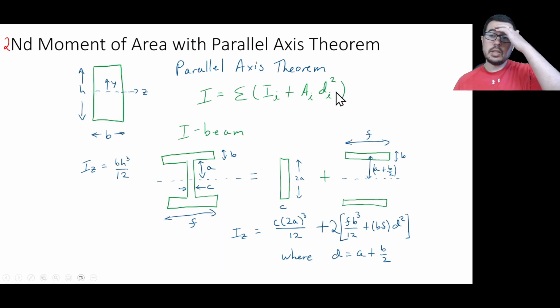The d is the distance to the centroid. So if the rectangles you're selecting have centroids that are on the z-axis, on the neutral axis, then you don't have to add this term. You just have to use the different second moment areas. But if, like in this case, the centroid of these shapes is off axis from the neutral axis, then we have to use the d.